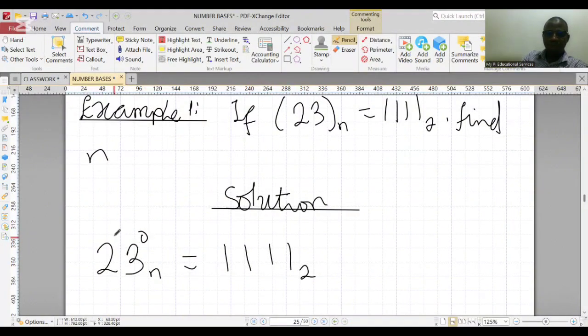So let's label. This will be 0, 1, this will be 0, 1, 2, and 3.